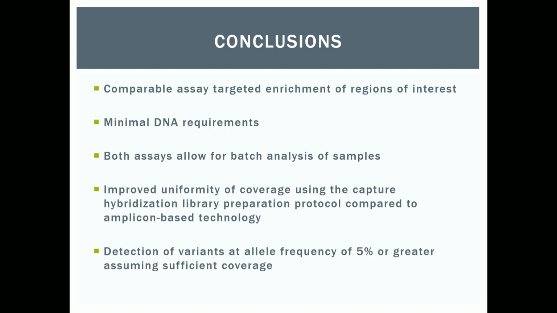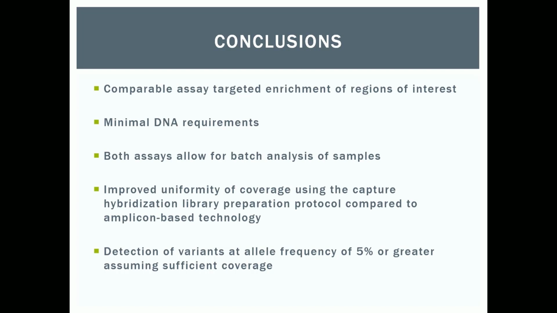Improved uniformity of coverage using the capture hybridization library preparation protocol compared to the amplicon-based technology was one of the greatest encouraging things that we found with this evaluation. We really liked that coverage that was uniform.